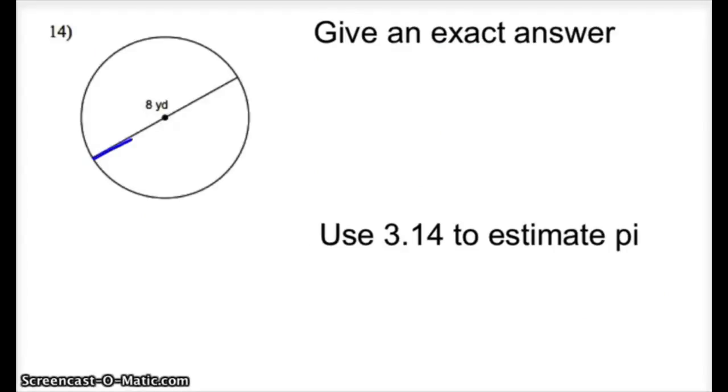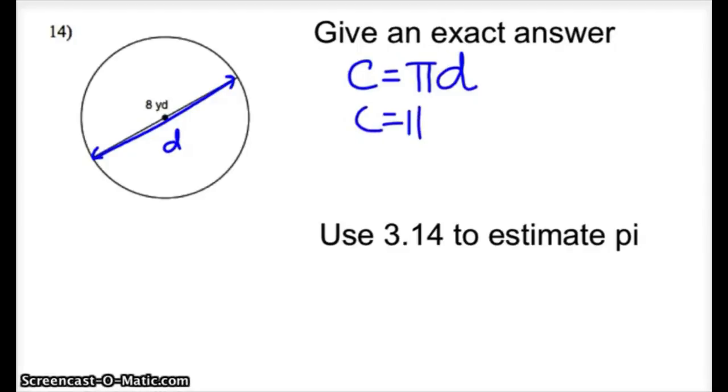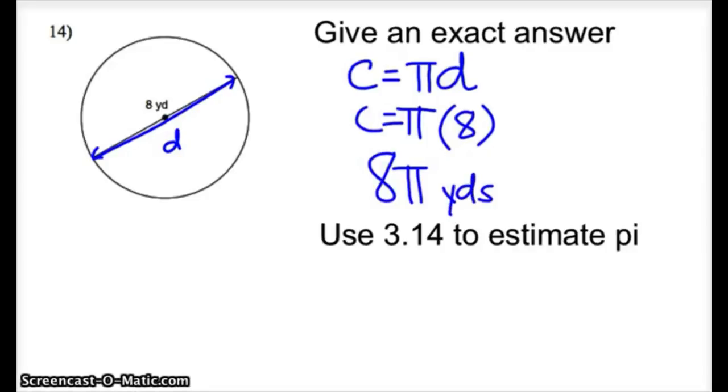This, all the way across my circle, is my diameter. So I am going to use C equals pi d. I'm going to substitute what I know in. This is an exact, so I'm going to leave pi alone, and my diameter is 8. So all I have is 8 pi, and I need to write my units of yards.